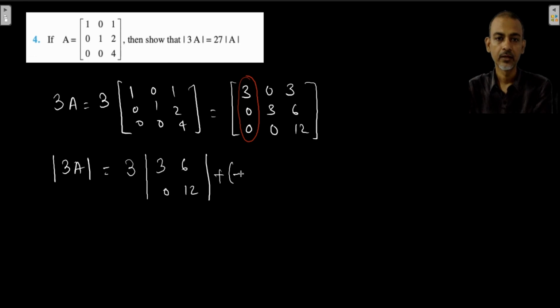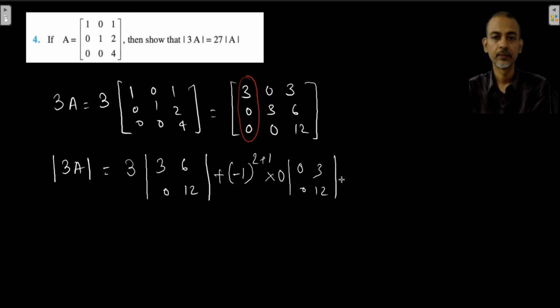So here we should have minus 1 to the power of 2 plus 1, because it's the second row and first column. Whatever is there, this goes off. I'm just writing it, but we don't have to calculate because there is a 0 over here. And then we will have 0, 3 and 0, 12.